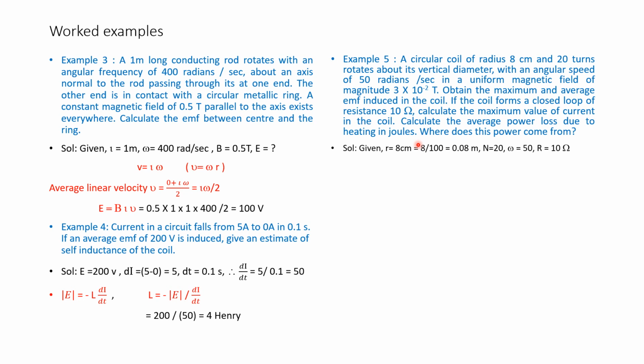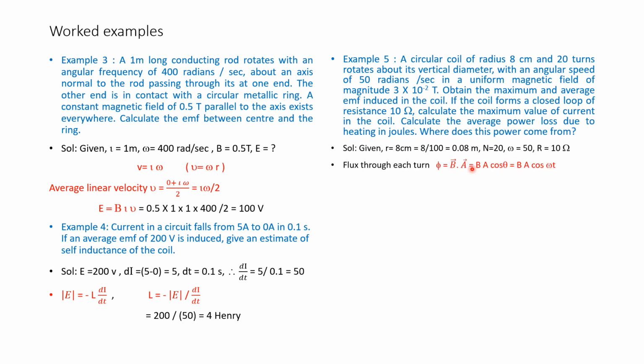Solution. First, we will calculate the flux. Flux through each turn, phi, is given by phi is equal to B into A, vector B dot vector A. We know phi is equal to BA cos theta, where theta is omega t, because theta is varying with angular velocity with respect to time.